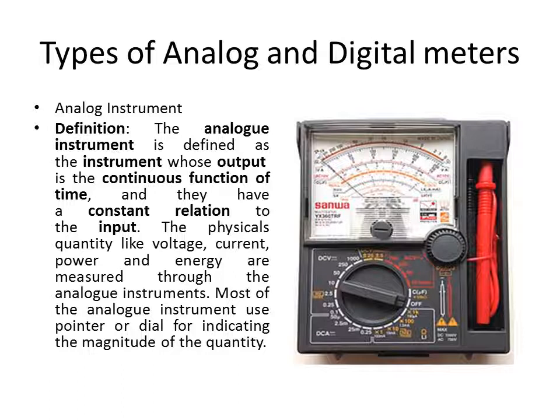An analog instrument is defined as an instrument whose output is a continuous function of time and has a relation to the input. Physical quantities like voltage, current, power and energy are measured through analog instruments. Most analog instruments use a pointer or dial for indicating the magnitude of the quantity.